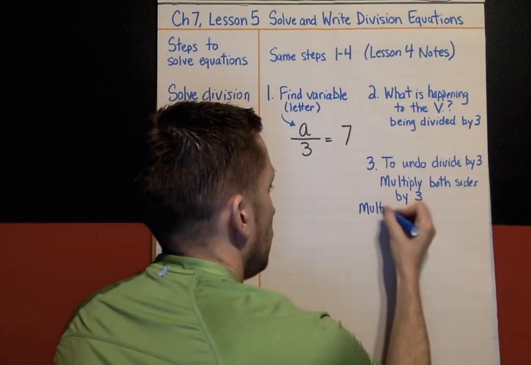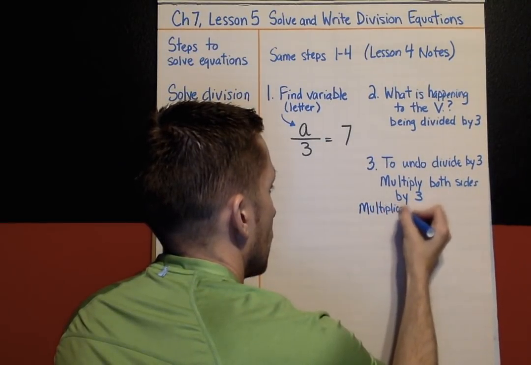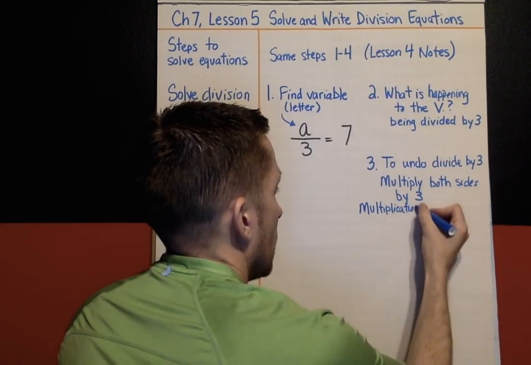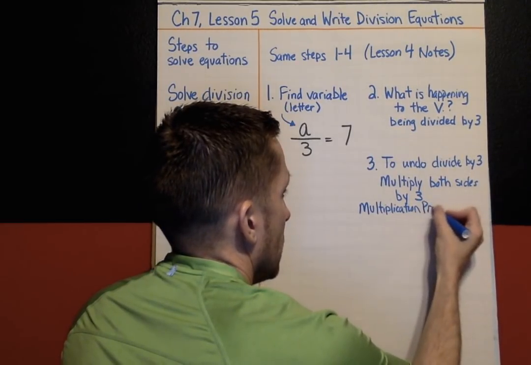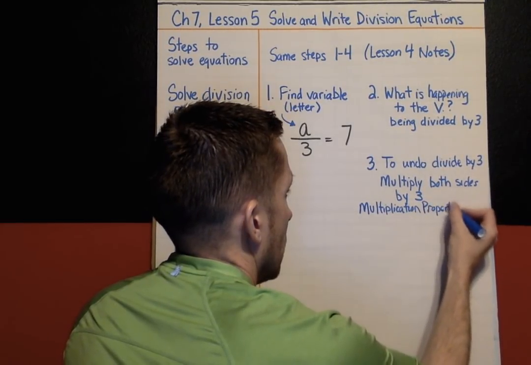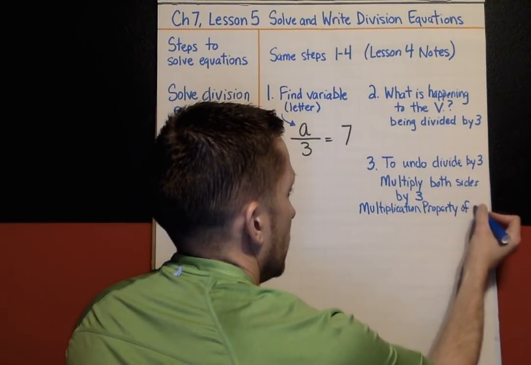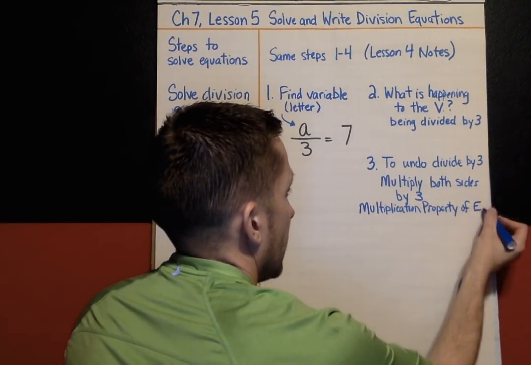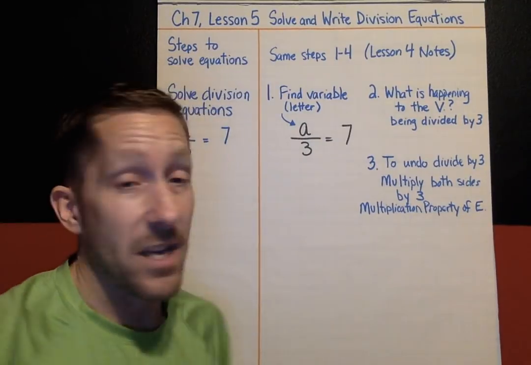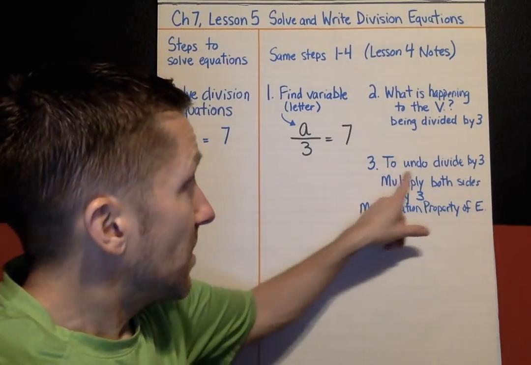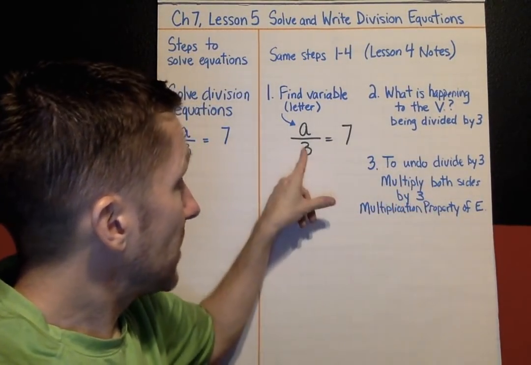Multiplication property of, and I'll abbreviate it, I'm going to say capital E for equality. To undo divide by 3, that's what's happening here.